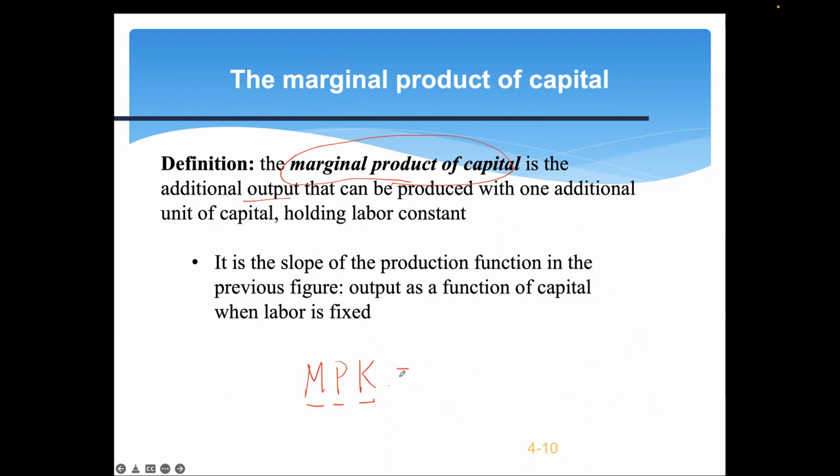In other words, it is roughly equal to the change in Y divided by the change in K: an additional unit of capital brings how much additional output. This is exactly equal to the slope of the production function.